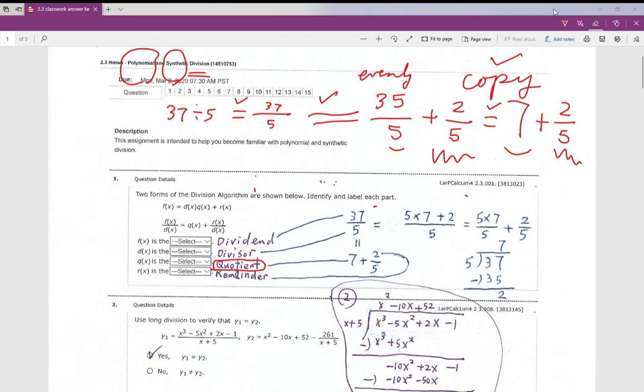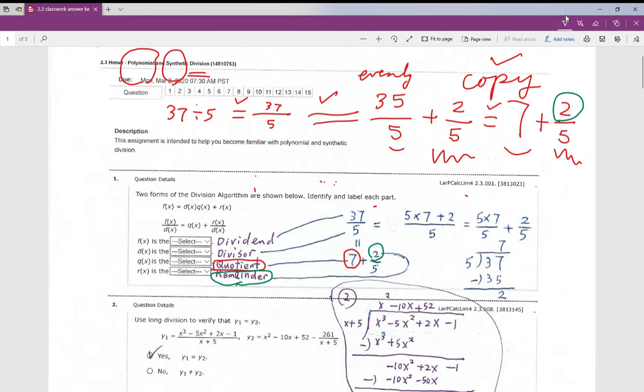Okay. So the remainder is 2. The quotient is 7. Let me circle the middle. The quotient is 7, and the remainder, I use the green color, is 2.